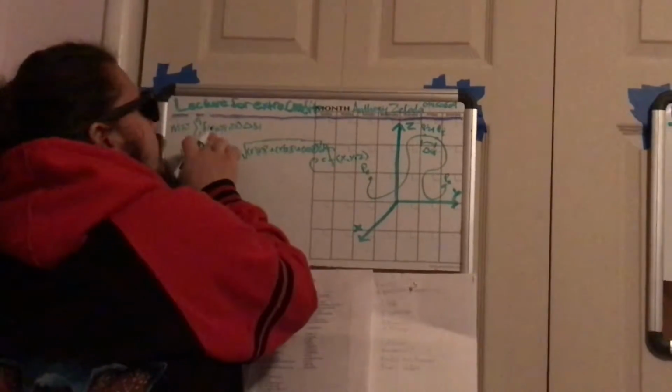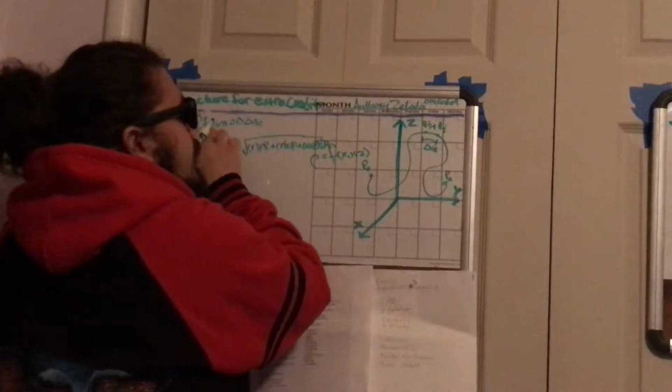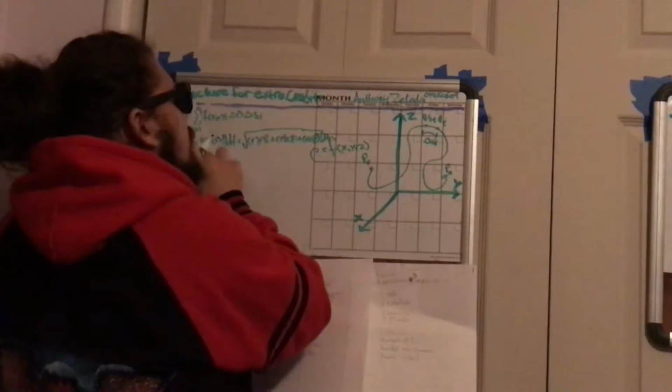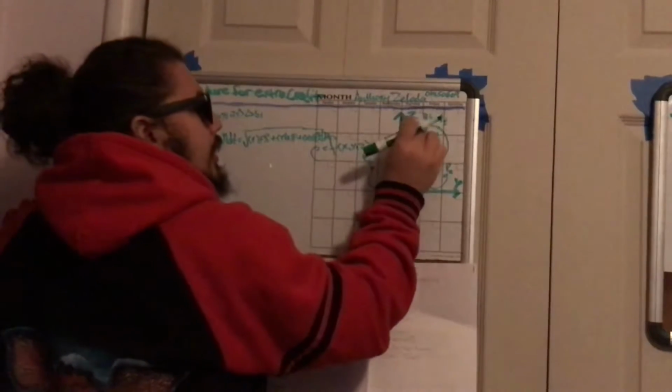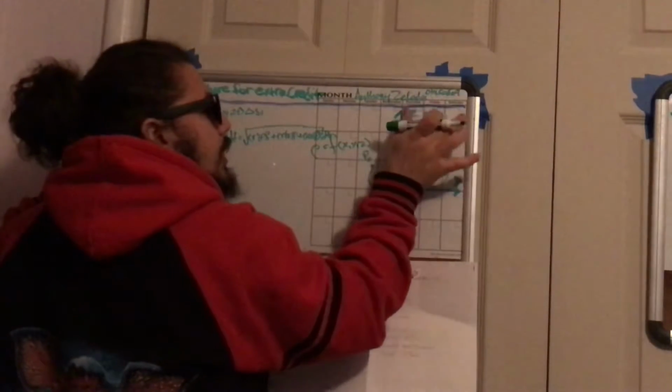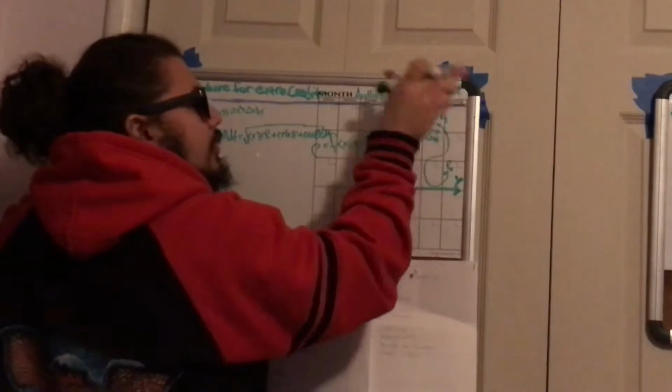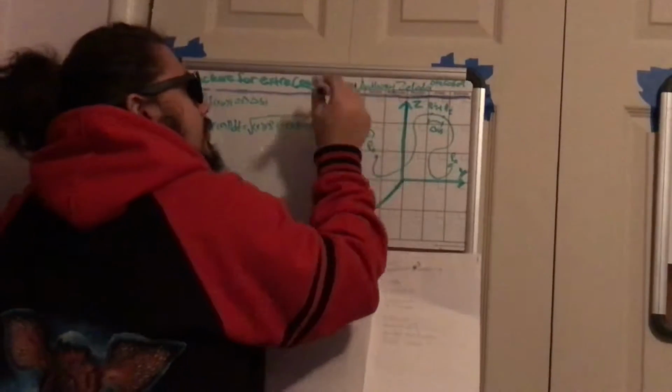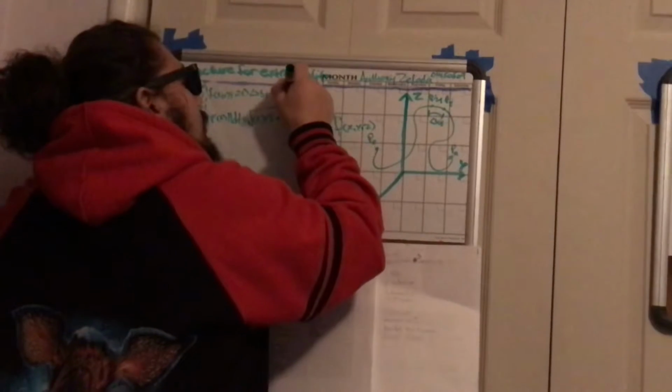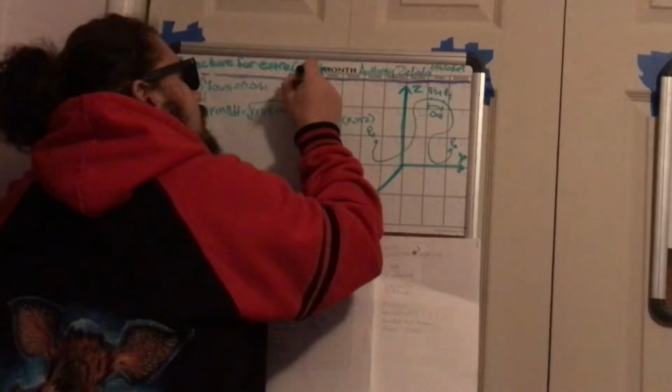And this is fine, but it has to be in terms of t, because we have our vector valued function to get the direction and change in distance. So we use our vector valued function in the form of this.